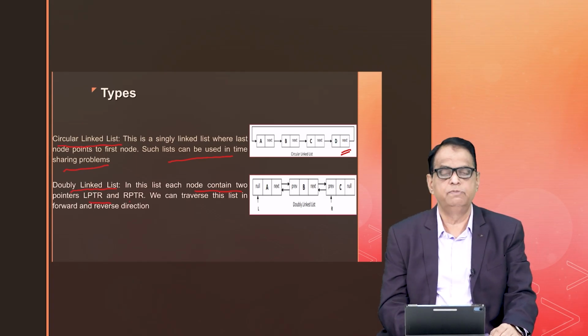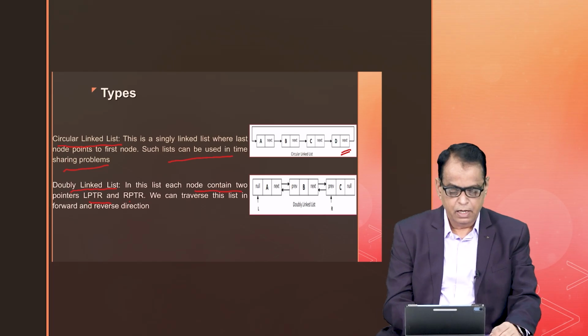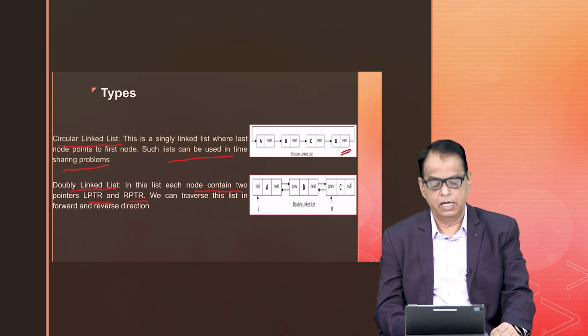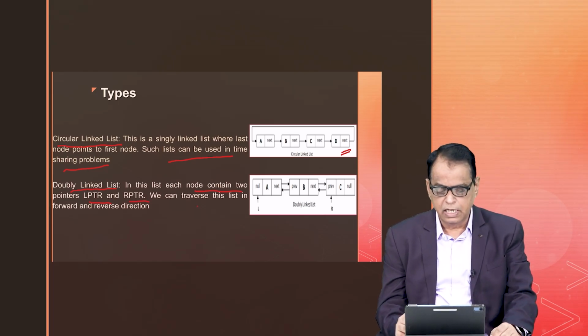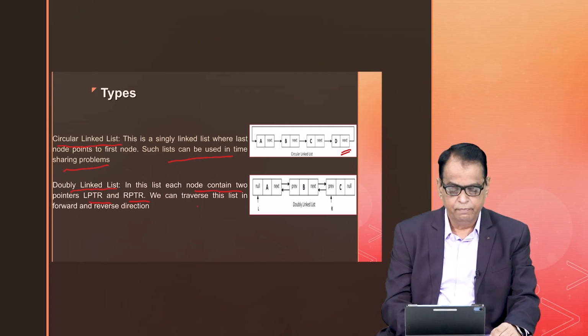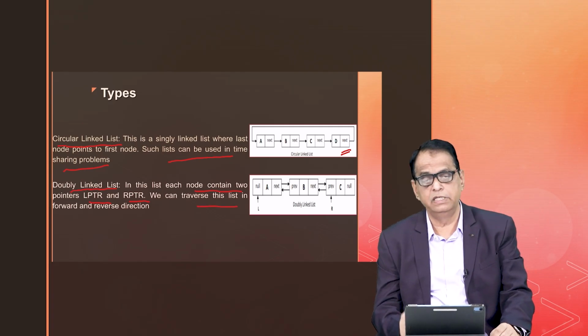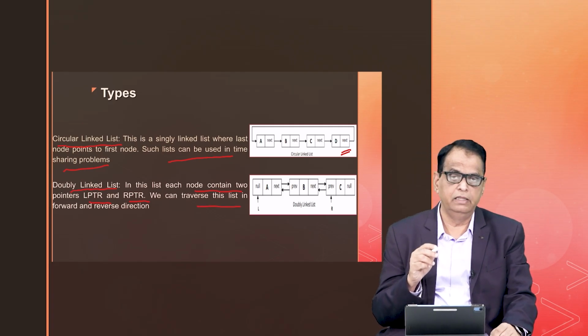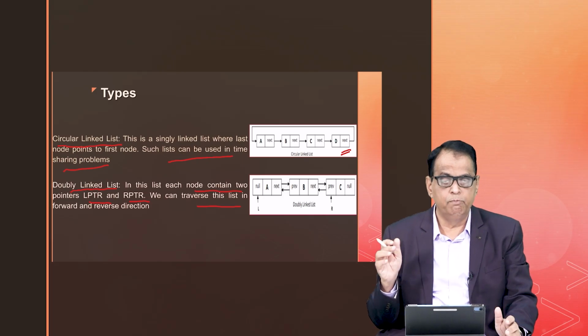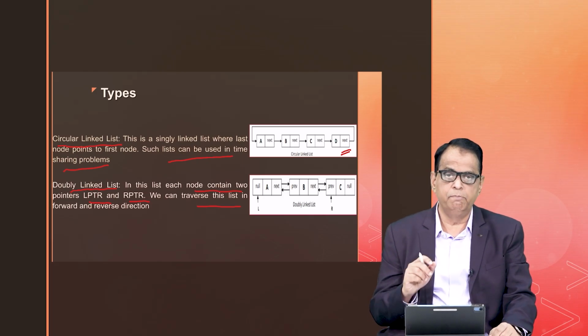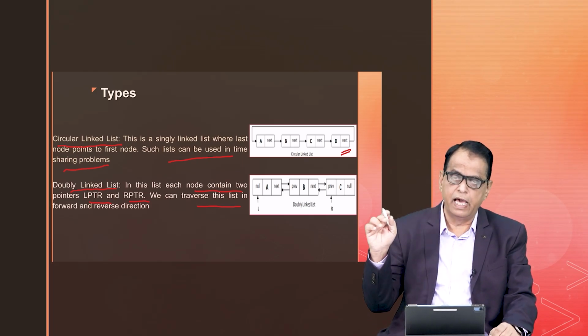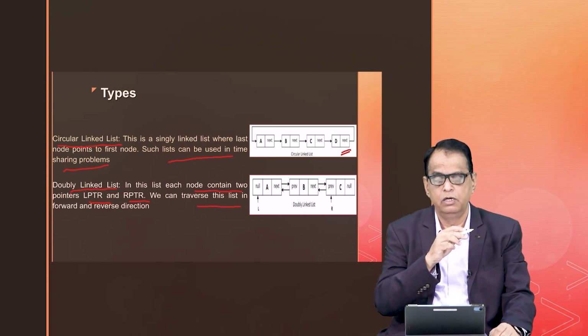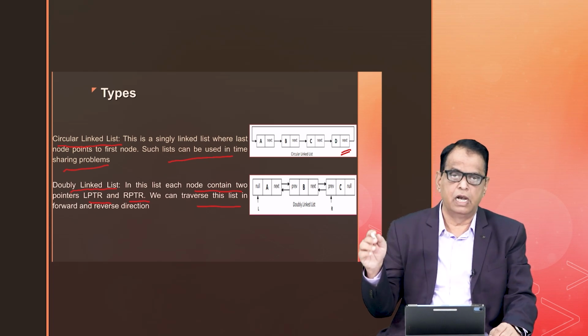One pointer is called the left pointer, and the other is called the right pointer. In this linked list, traversing or visiting each and every element is possible in both directions. In the simple linked list, we can traverse only in one direction, that is from the first element to the last element.